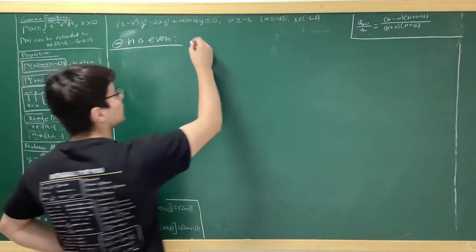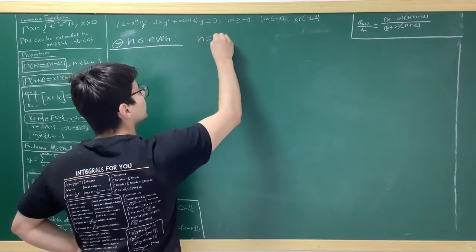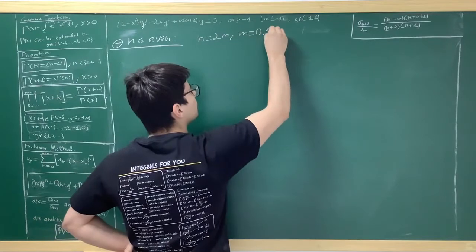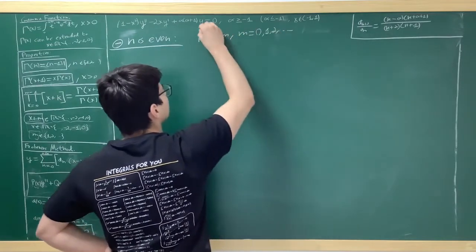And well, if n is even, as we said, we can rewrite it as 2m, where m goes from 0 to infinity, well, it is a positive integer.